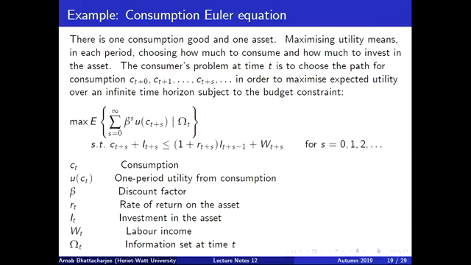And this is the typical kind of estimation that you find in many economic models. Here it is a consumption-Euler equation. What are individual consumers maximizing?